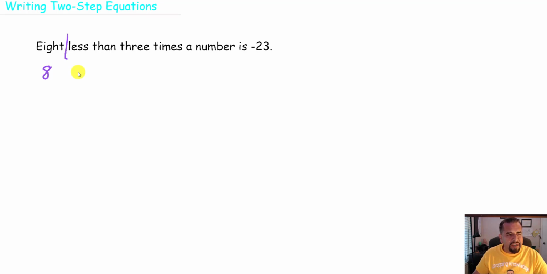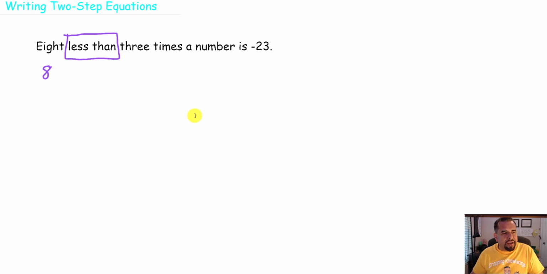Whenever you see less than or more than, what that is telling you is to take whatever information they gave you first and write it second, and whatever information they gave you second, move it over and write it first. Because it's 8 less than something.